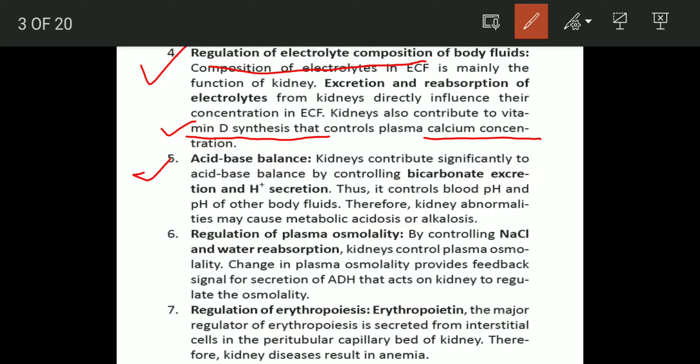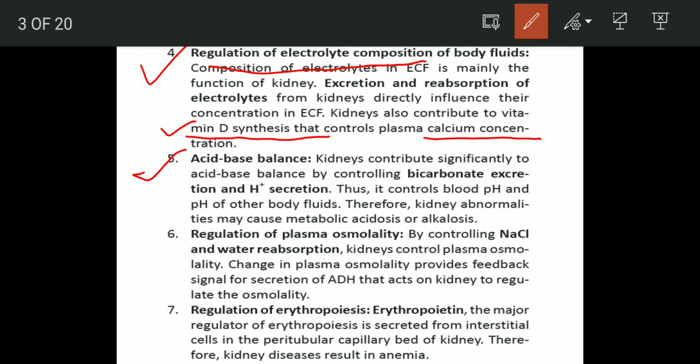Then the next one is about acid-base balance. The kidneys also play a role in your acid-base balance. You need to understand that your body has a slightly alkaline pH of about 7.4, that is 7.36 to 7.44. Whenever your body goes into acidosis, the kidneys start functioning and try to make your body alkaline.